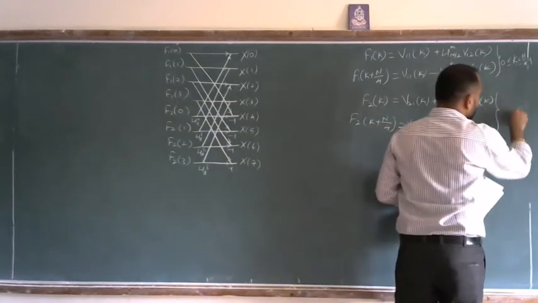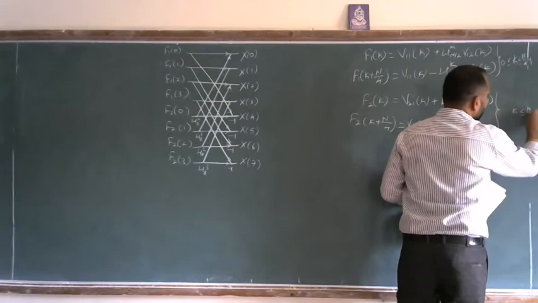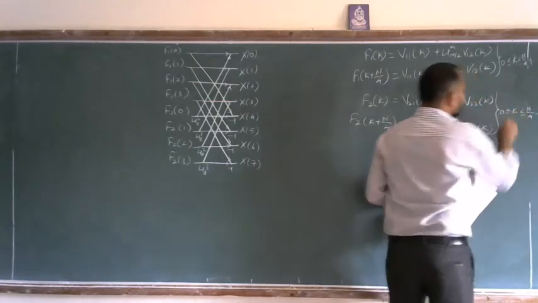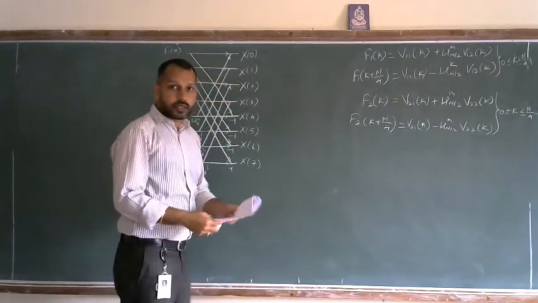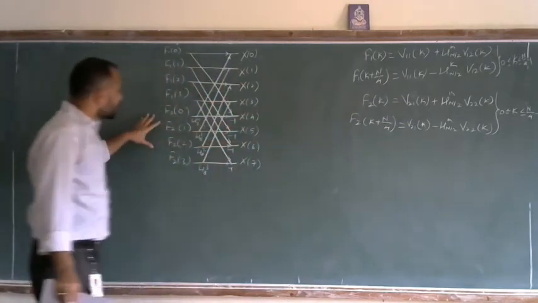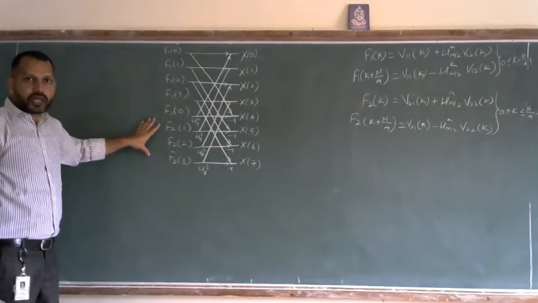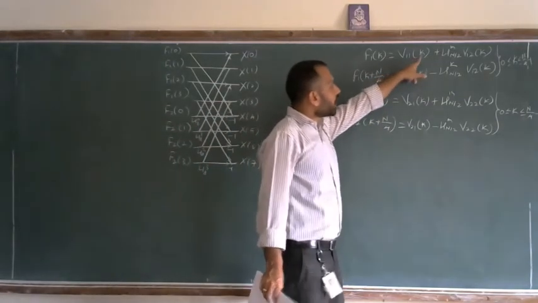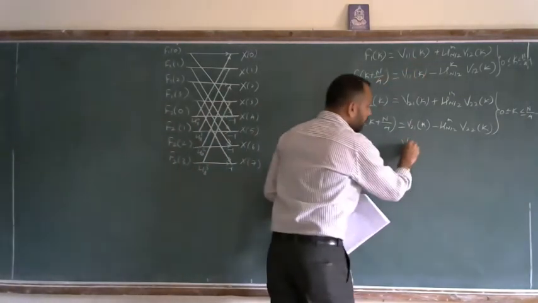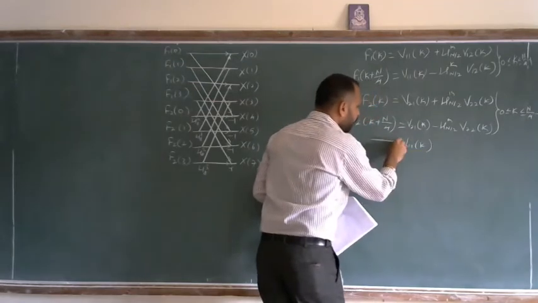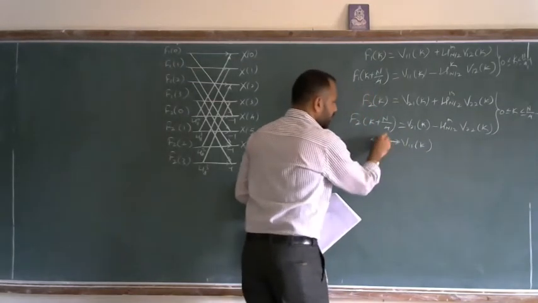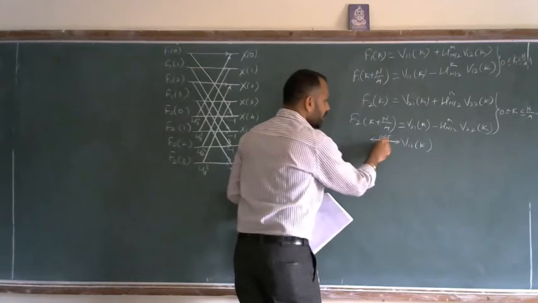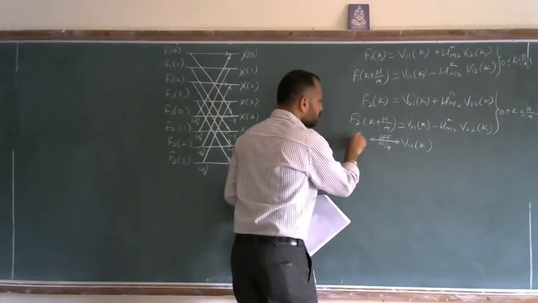Now the range of k is also the same here, 0 to n by 4 minus 1. These two equations will give us the second 4-point DFT f2 of k. Okay, and here v11 of k is the n by 4-point DFT of the sequence v11 of n.